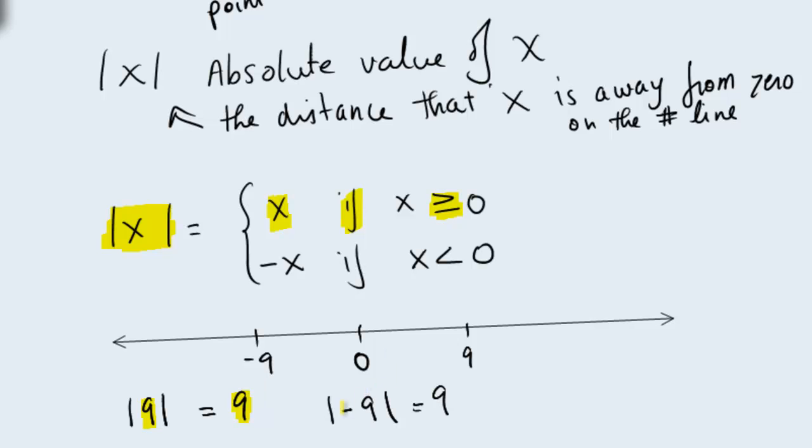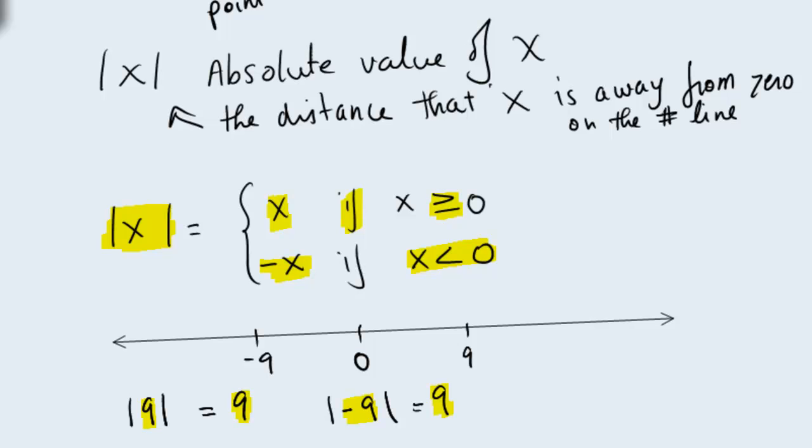On the other hand, the absolute value of some number is equal to negative that number. Negative of -9 is positive since -9 was a number less than 0. Alright, I'm going to look at a few more examples on this.